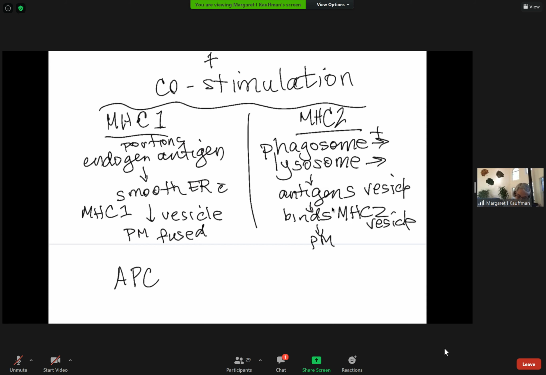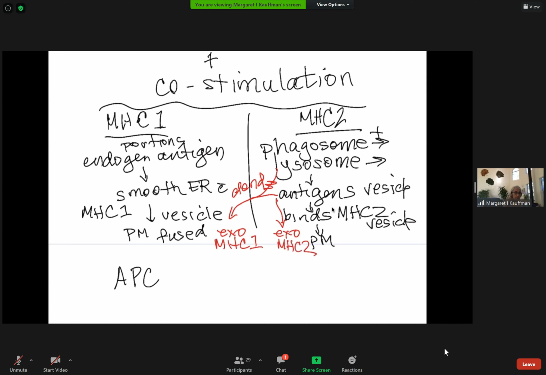The dendritic cell can take this and put antigens obtained from this phagosome on both MHC. So this is for a dendritic cell. It can have an exogenous antigen on MHC1, and it can have an exogenous antigen on MHC2.